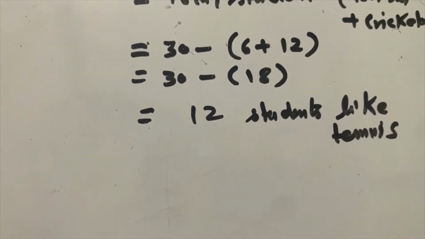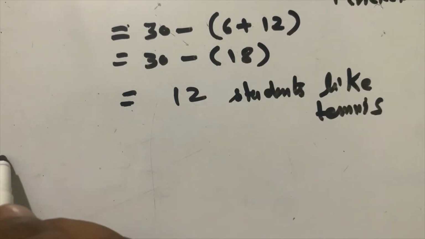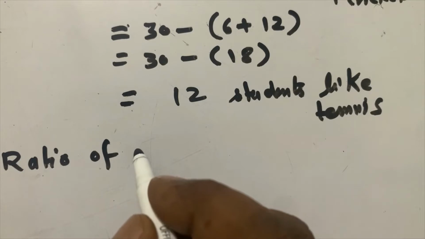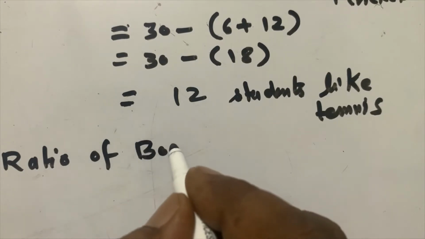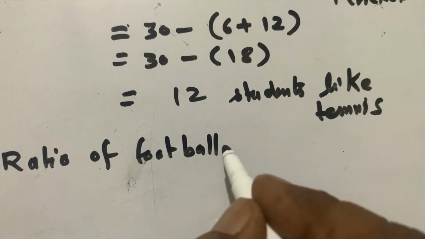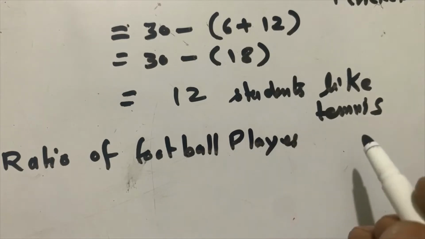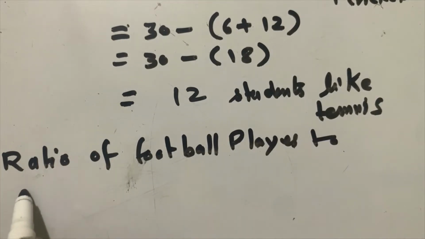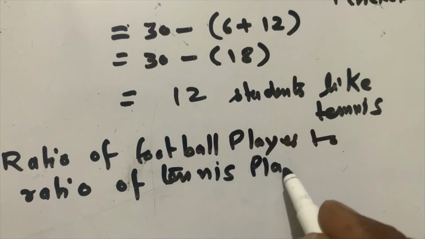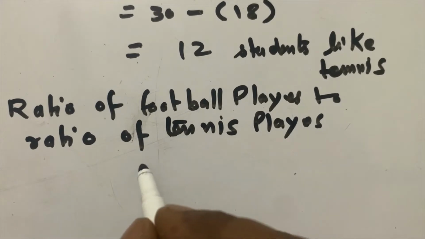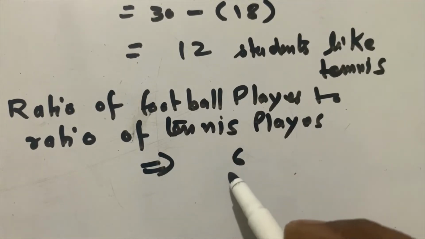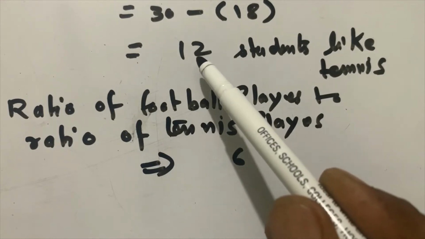So ratio of football players to tennis players is equal to, number of football players is given 6, and the number of students who like tennis is 12.